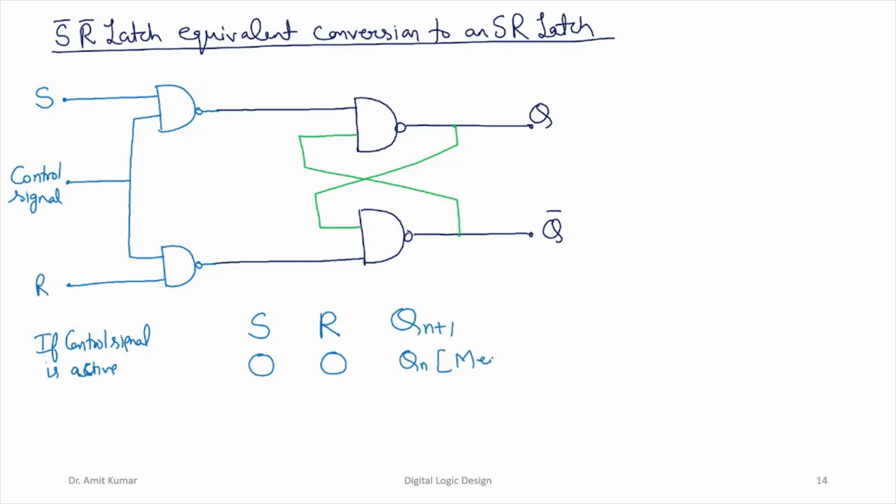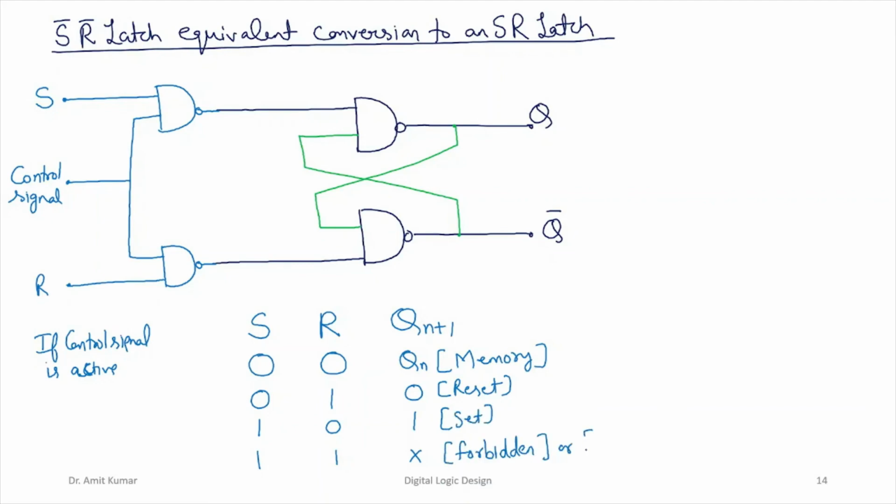So we call this the memory state. 0 1 we call the reset state. 1 0 we call the set state. 1 1 we call the forbidden state, right? So this is the reset state, this is the set state, this is the forbidden or indeterminate state, and this is the memory or hold state.